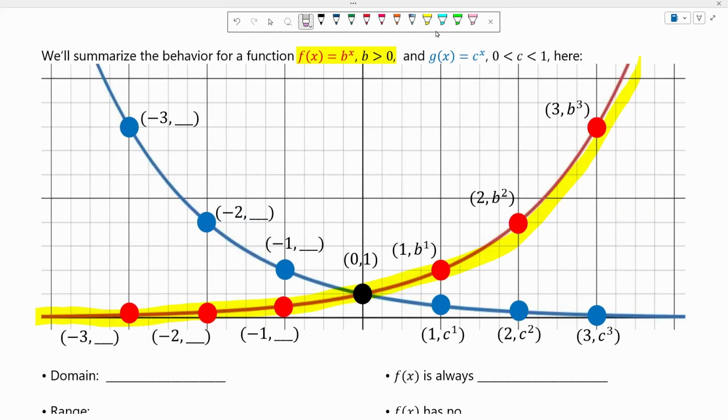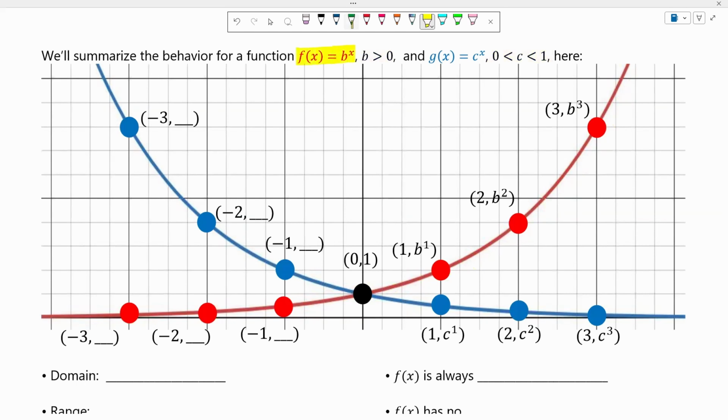The red one deals with that one. And then we have a blue one, which deals with these values. So for the first one, let me actually highlight each one separately and talk about each one separately.